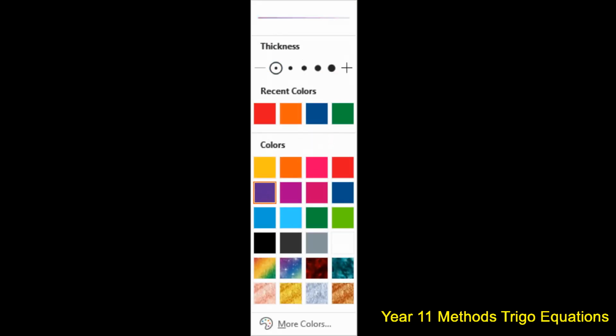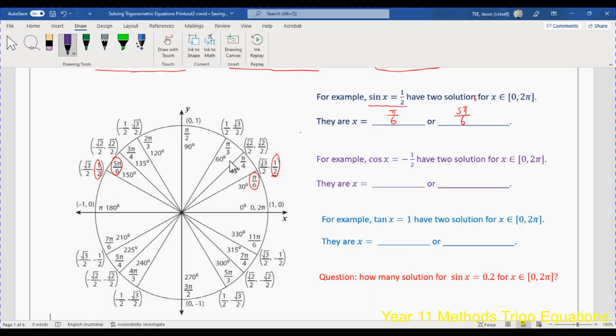So let's go to another example, for cosine. This time I give you a negative value: cosine x equals negative a half rather than positive a half. Again, there should be two solutions for x between 0 and 2 pi. Where are they? For cosine x, you need to look at the first coordinate rather than the second coordinate, right?